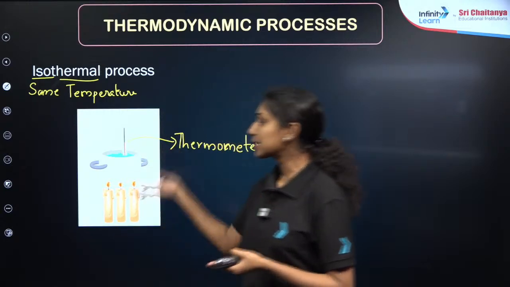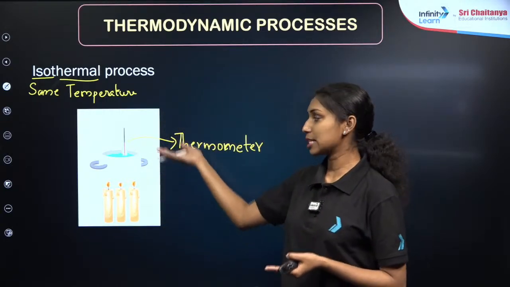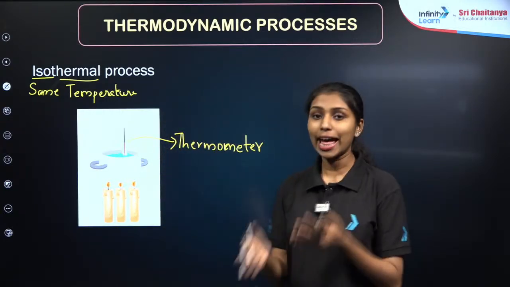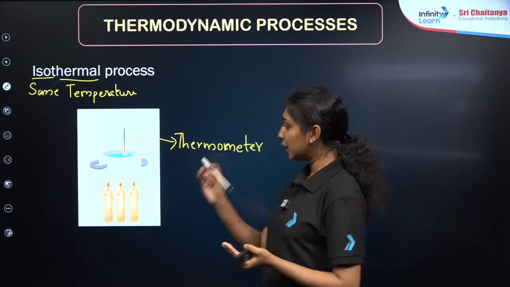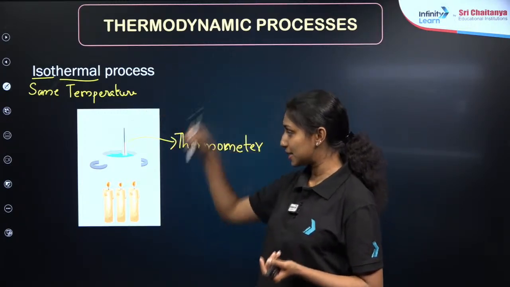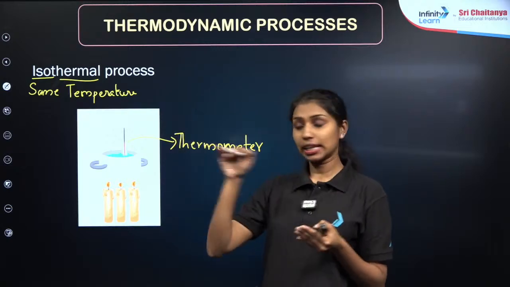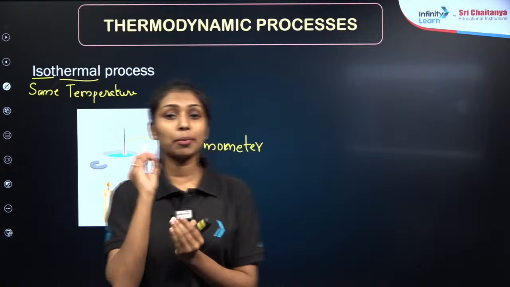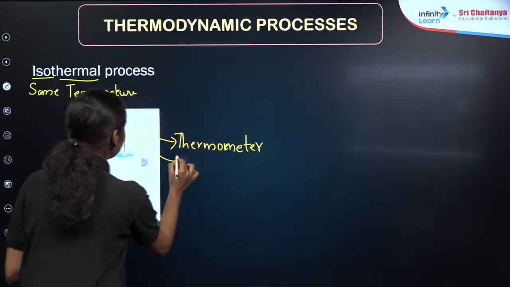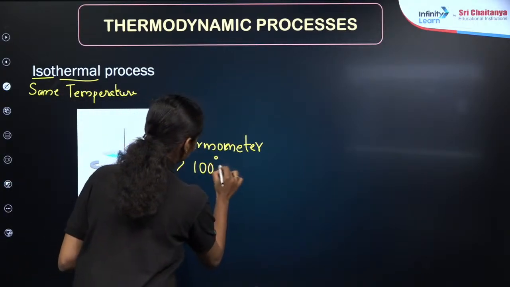First, I will start heating this container having water. After some time, it will start boiling. Then you can see on the thermometer that the temperature is remaining constant. After boiling the water, the temperature remains constant. It is about 100 degrees Celsius, which is the boiling point of water.